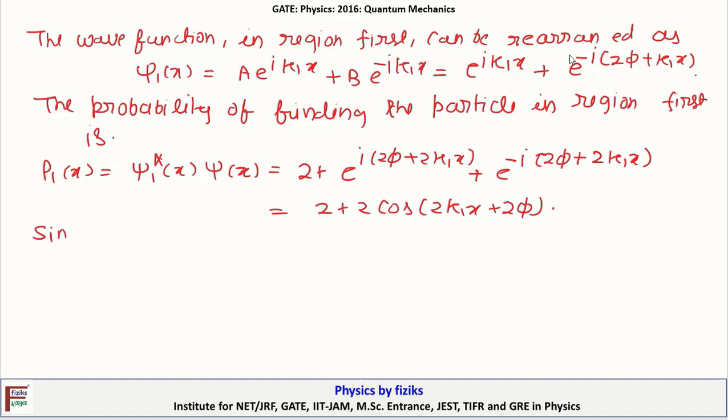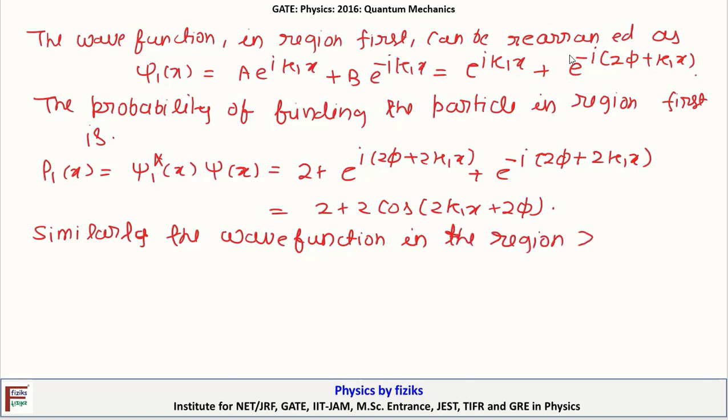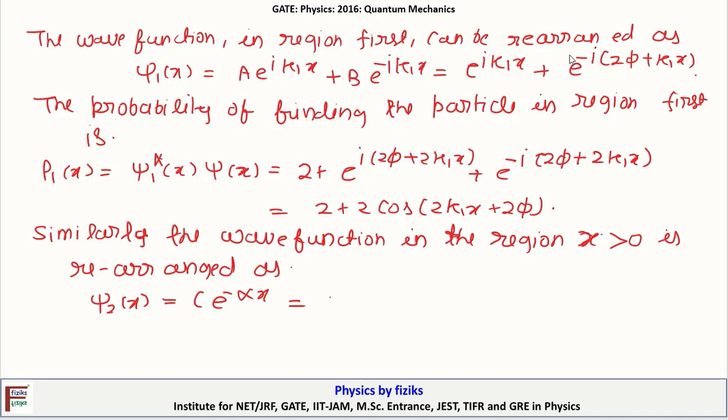Similarly, the wave function in the region x greater than 0 is rearranged as psi 2 of x equals C e to the power minus alpha x, which can be represented as 2 cos phi e to the power minus i phi.